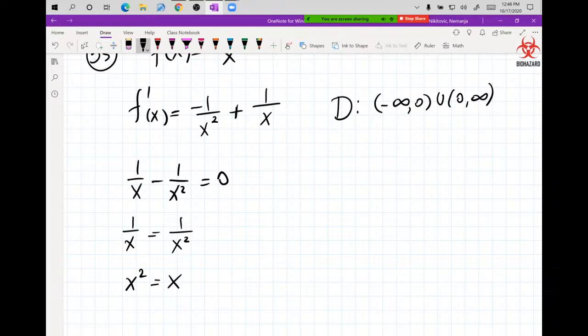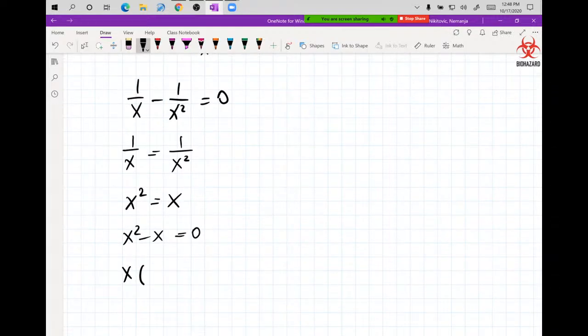And now, to solve this, please don't divide by x. I mean, in this particular case we can, but in some cases you're going to lose solutions. So don't. Move x to the left-hand side, factor x, and look what you got. x equals 0, x equals 1.